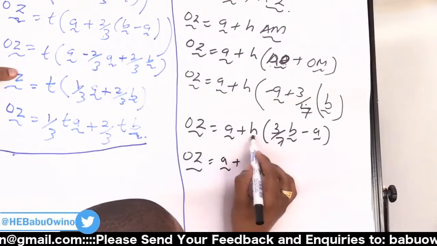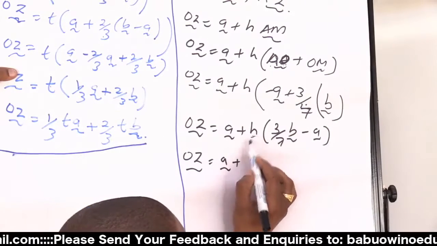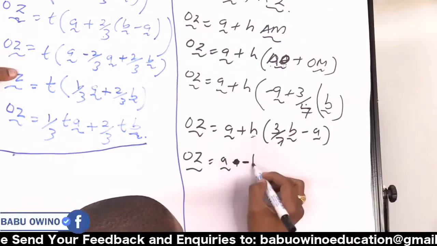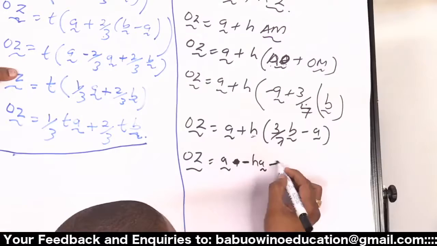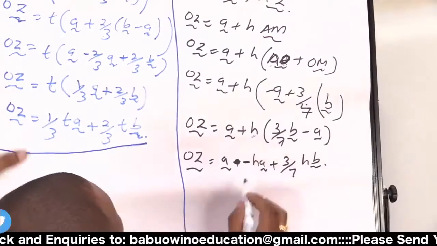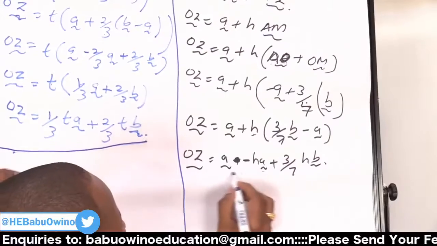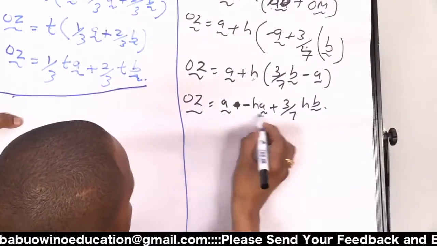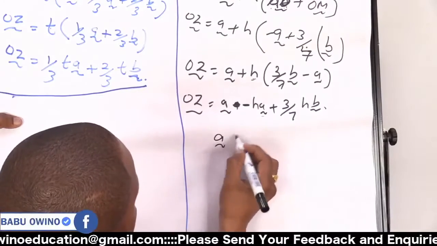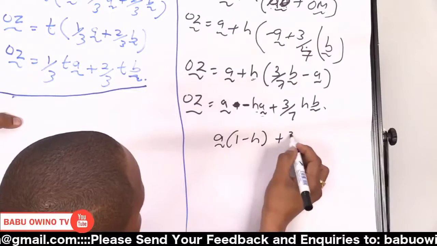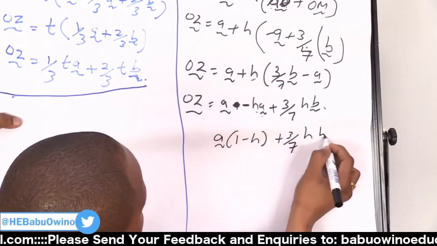Opening up with H, this becomes minus HA plus 3 over 7 HB. So A and A, you can factor A out, so A into 1 minus H, plus 3 over 7 of HB.